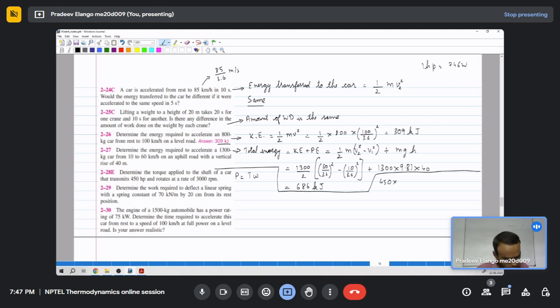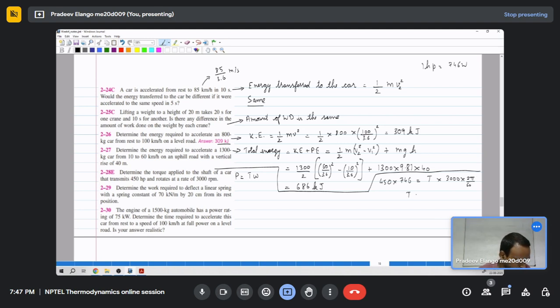So this is 450 into 746 is equal to torque into omega. Torque is T, and omega, to convert the rpm in radians per second, we have 3000 into 2 pi by 60.